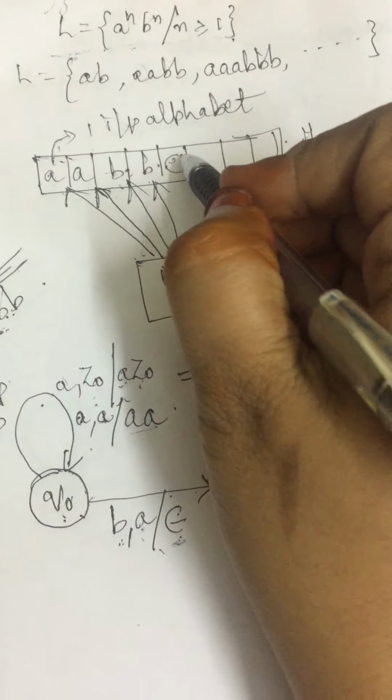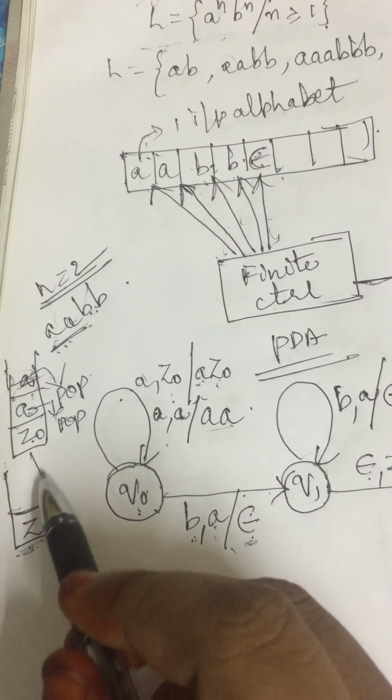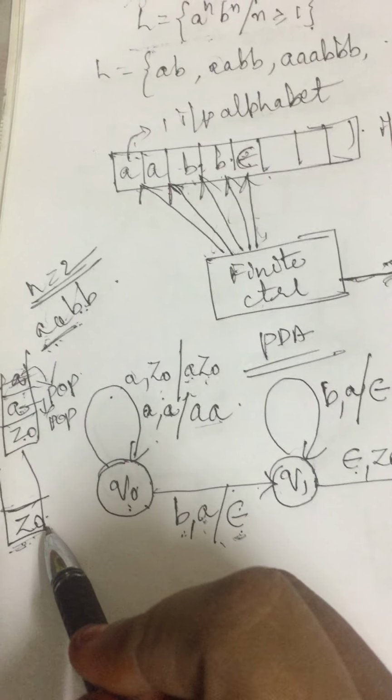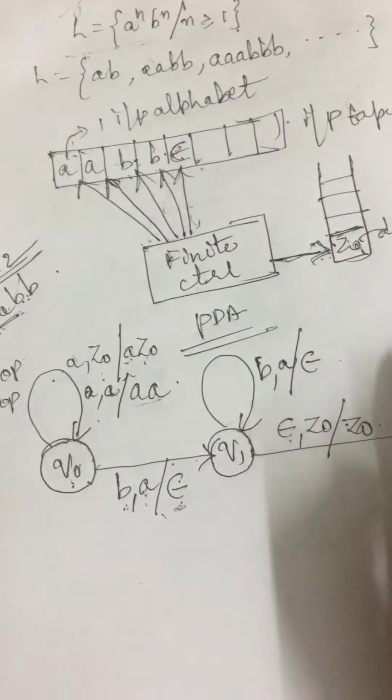So when we have reached Z0, it means that the stack has become empty. That is the reason we are saying that Z0 acts as a delimiter here, which indicates that the stack has become empty, or it represents the top of the stack.